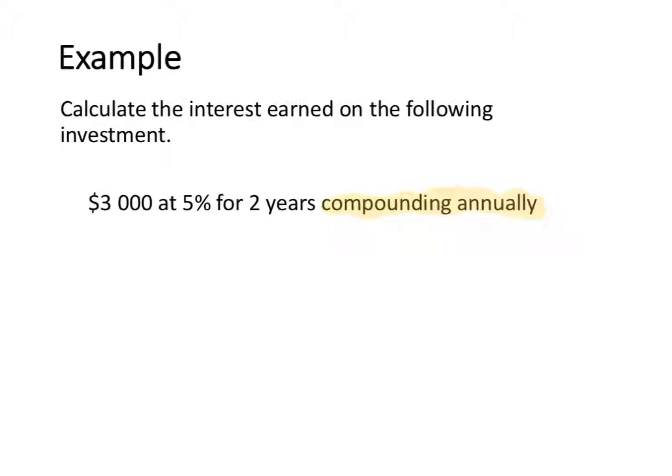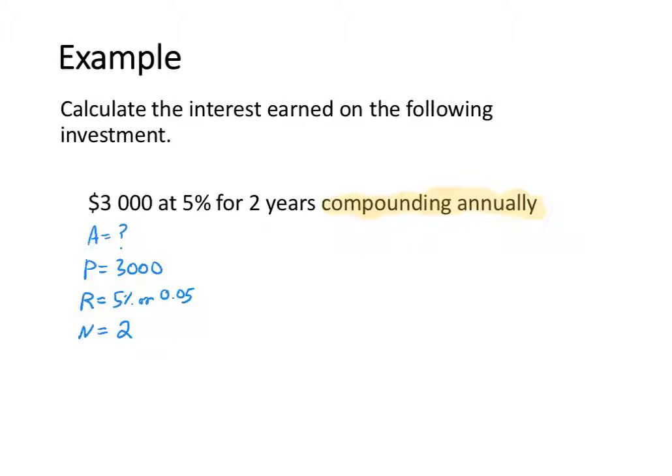So to calculate the interest amount, first we need to calculate the total future value of that investment. So we are calculating that amount. We know that our principal is $3,000. Our interest rate is 5% or 0.05. And our number of times it is compounding is 2.